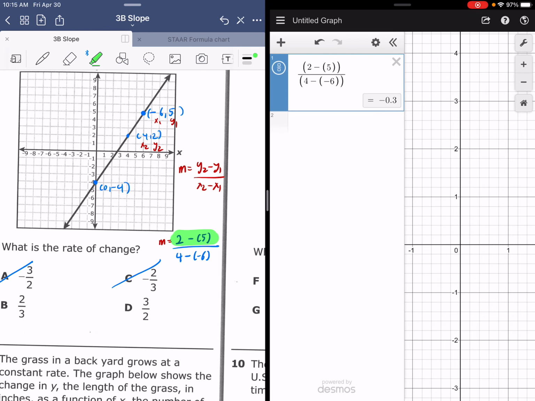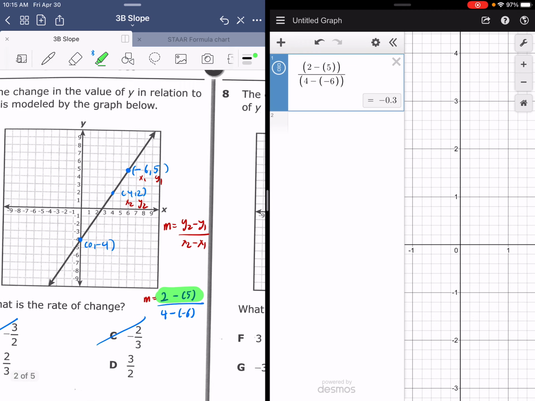Okay, I made a mistake somewhere, because 2 minus 5, I did it correctly. Right, and then x, oh, why did I put negative 6 here?